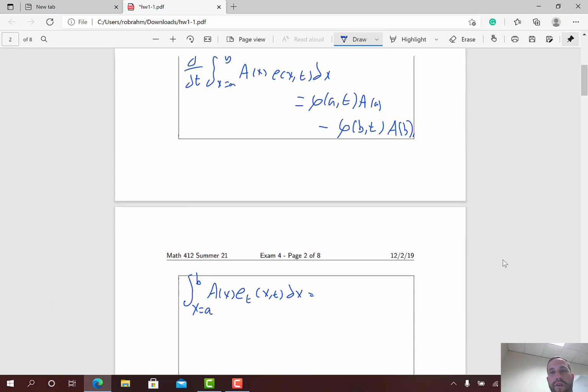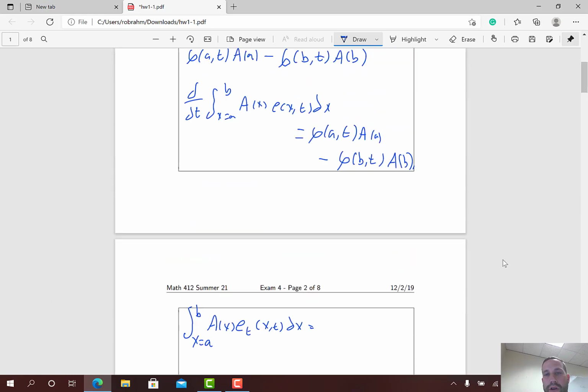And by the fundamental theorem of calculus, notice this looks like a fundamental theorem of calculus thing. We've got a function evaluated at one point minus a function evaluated at another point. The only difference from how you normally see it is that we have the function evaluated at the left endpoint minus the function evaluated at the right endpoint.